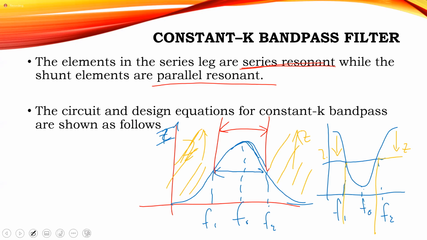So Z is low. If Z is low at the frequencies I want to attenuate, then I must put it in parallel. For this one, if Z is high for the frequencies I want to attenuate, then I'll put it in series. And that's how the principle comes in.